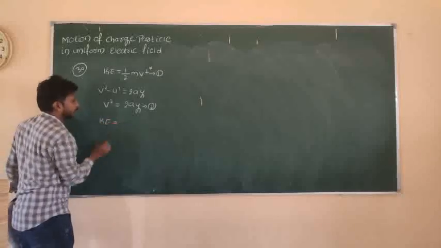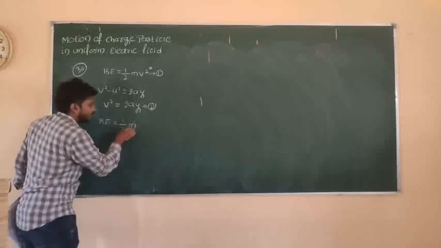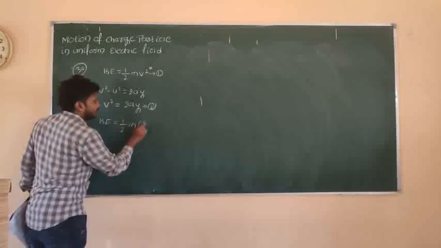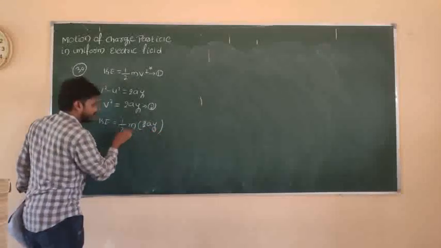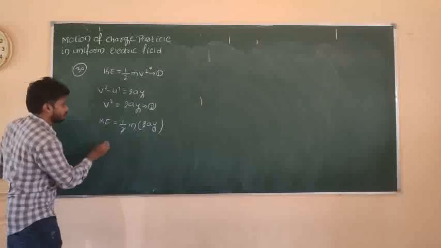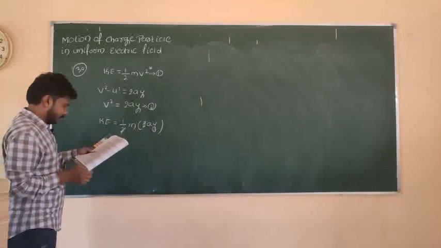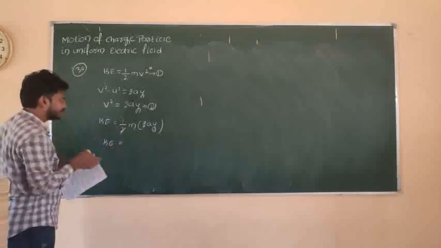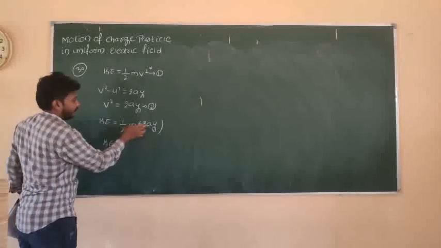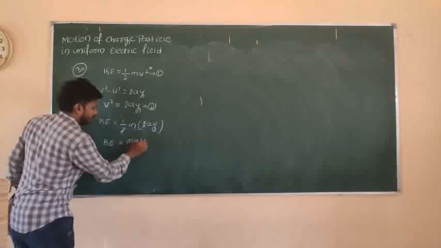So kinetic energy is equal to half of m into v square, that is, half m into 2a into y. So kinetic energy is nothing but m into a into y.